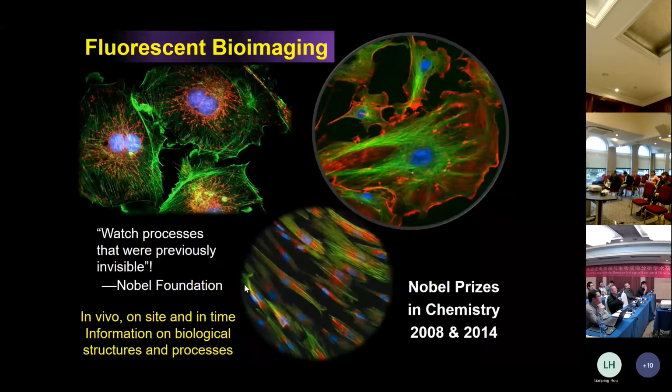Because of this, the Nobel Prizes in chemistry have been awarded to people working in the area two times, in 2008 and 2014. So in some sense, this is a very mature area of research. However, it still has some bigger issues to be tackled.